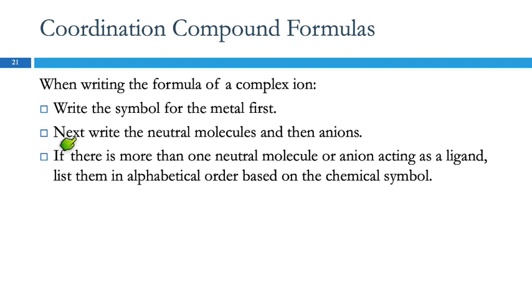And then you're going to write down the neutral molecules that are ligands, and then the anions that are ligands. If you have more than one neutral molecule or anion as a ligand, you're going to put them in alphabetical order based on the chemical symbol. So in the name, it's alphabetical order by name, and in a formula, it's alphabetical order by symbol.